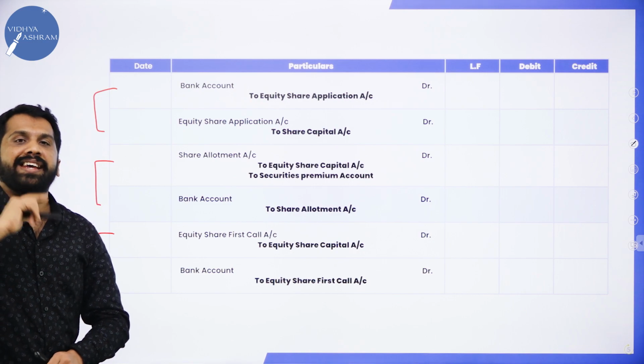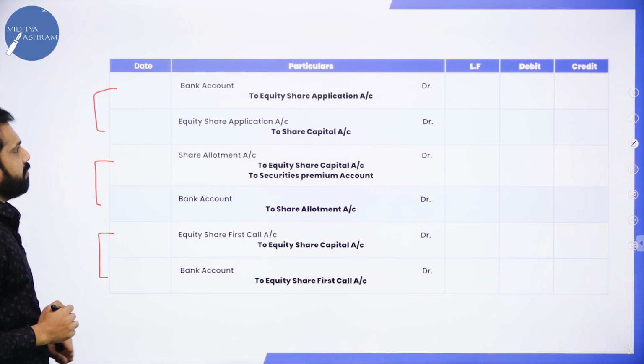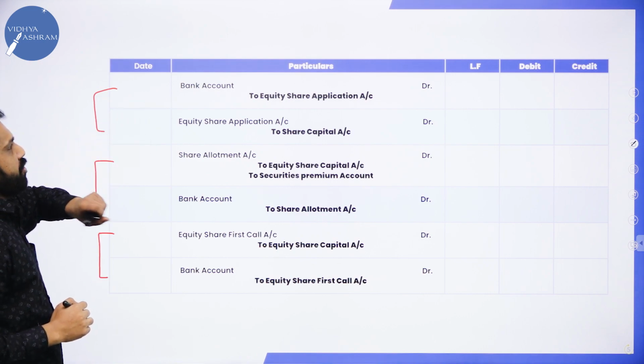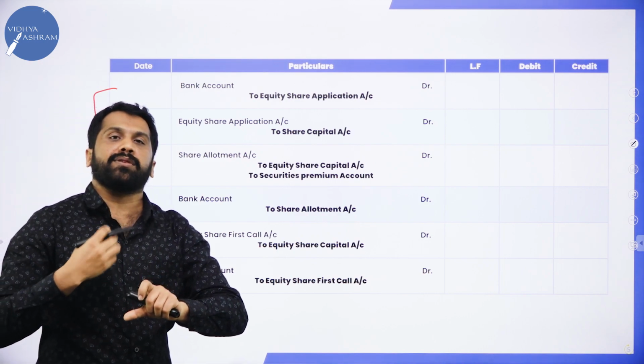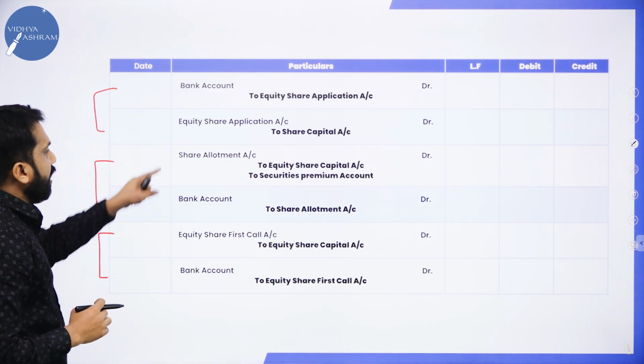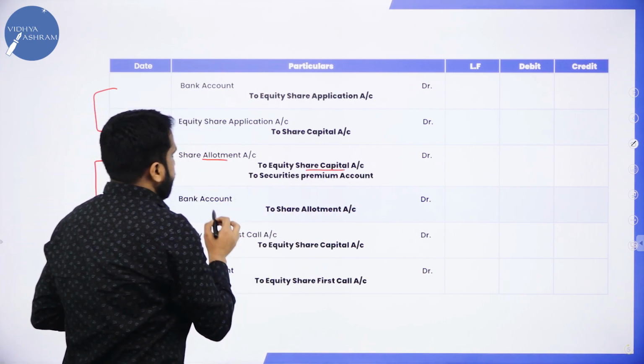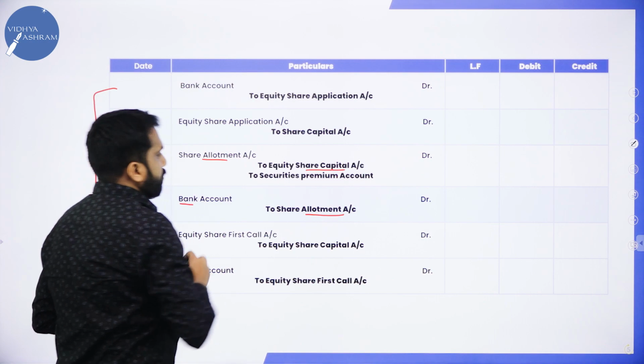Total we have 8 journal entries. Final call we will solve here only. Now, for application, what is the journal entry? Bank to application, application to share capital. Now, allotment: allotment to share capital, bank to allotment.